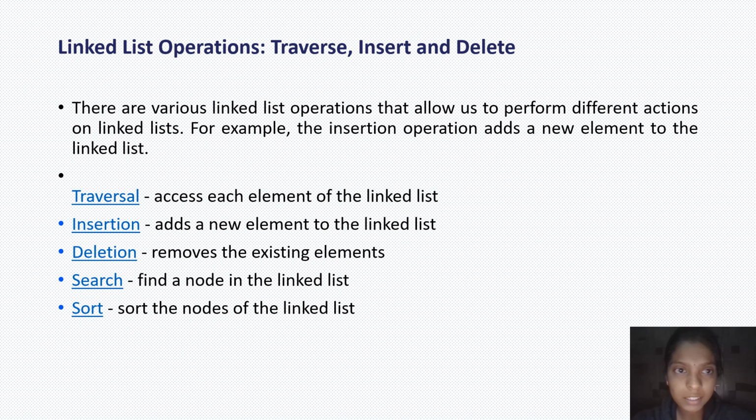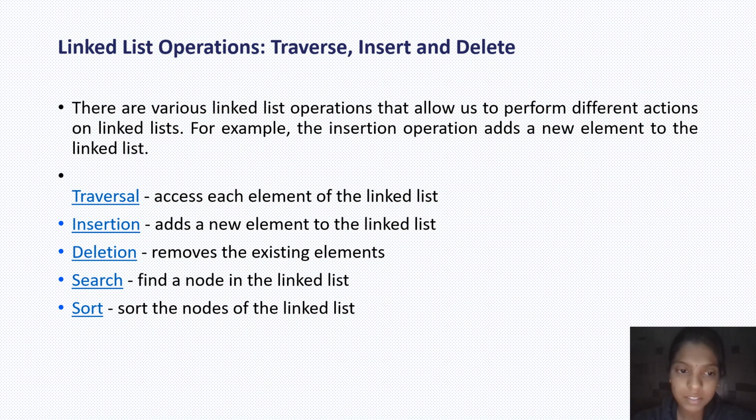Next one is linked list operations, that is traverse, insert and delete. These are the various linked list operations that allow us to perform different actions on the linked list. For example, the insertion operation adds a new element to the linked list.